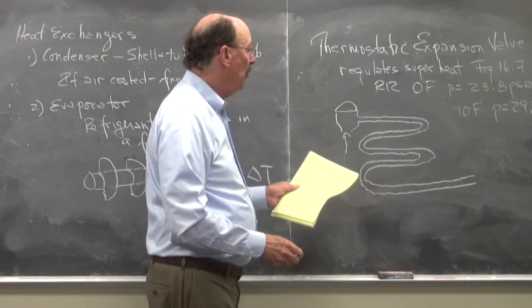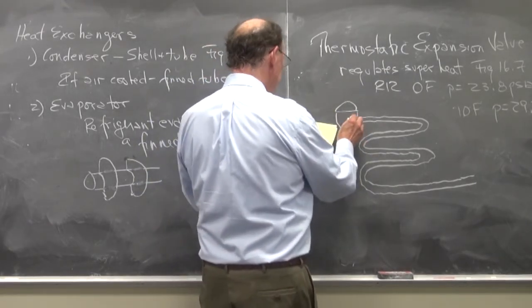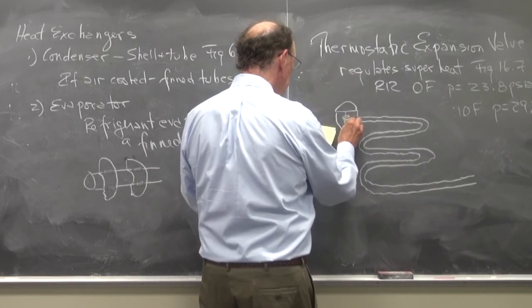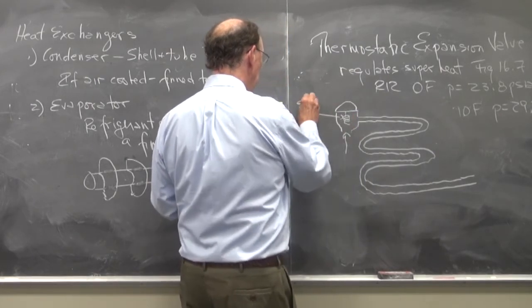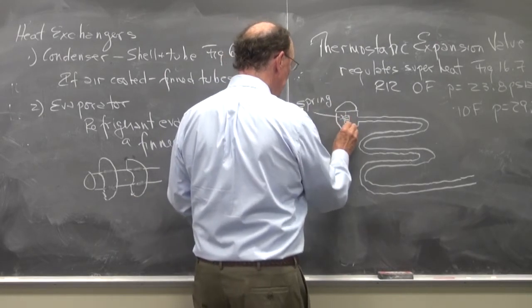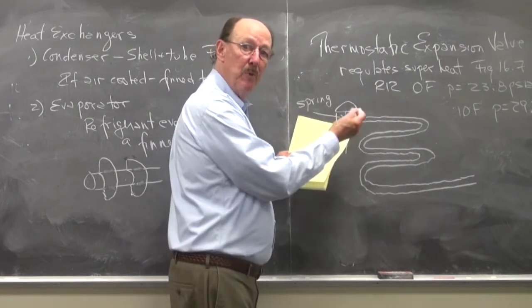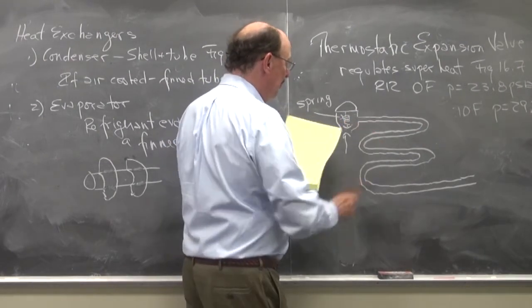So at 0 degrees, now I have my refrigerant coming in. I'm going to have a spring here. This is why you need to look at the sketch. The spring is attached to a valve. So this valve will move up and down and allow the refrigerant in.